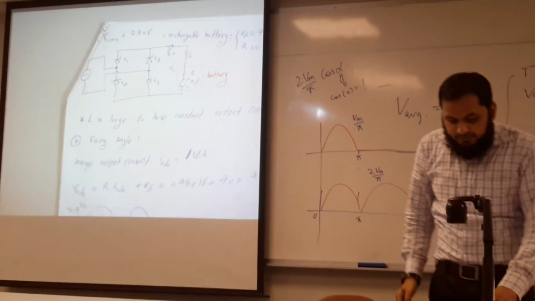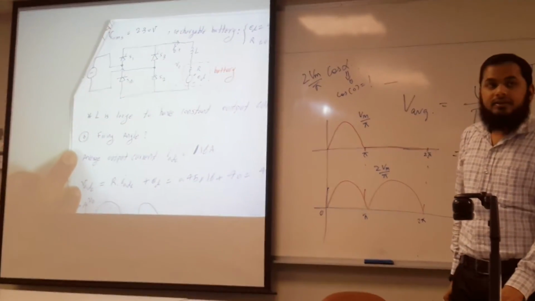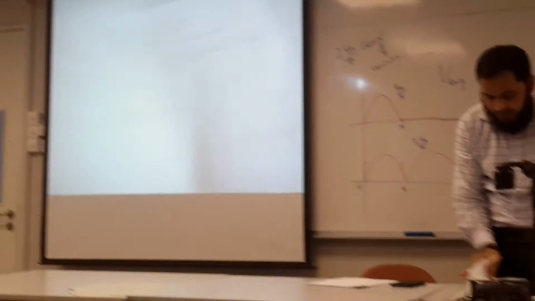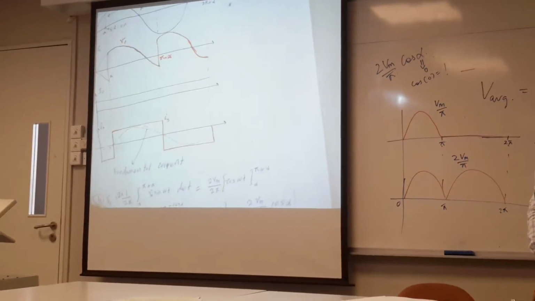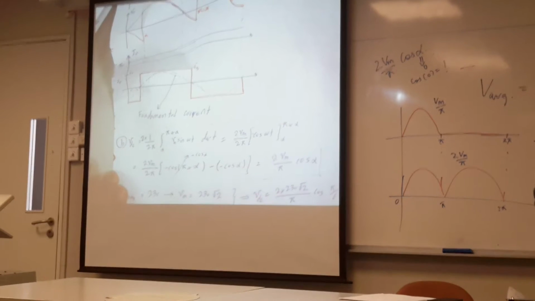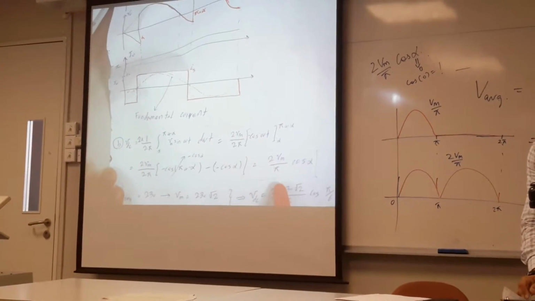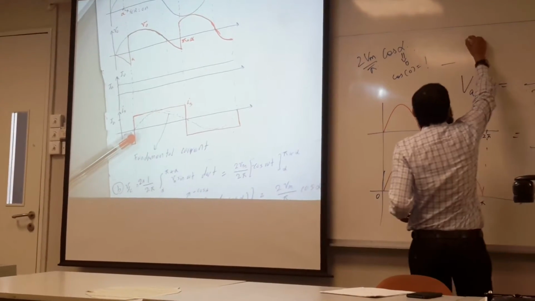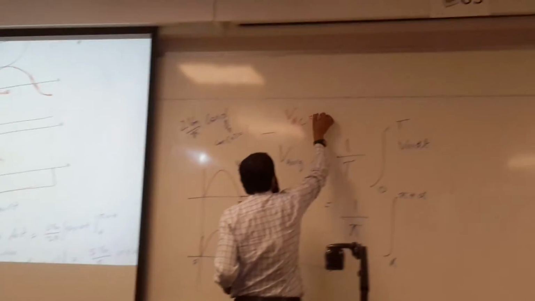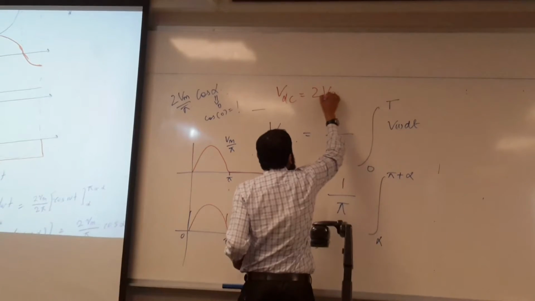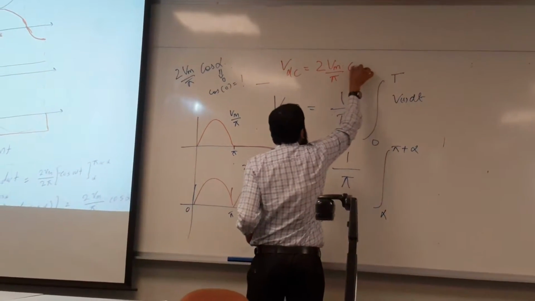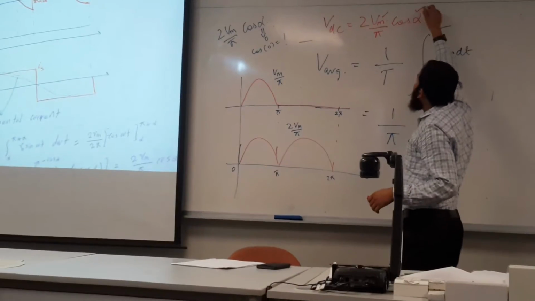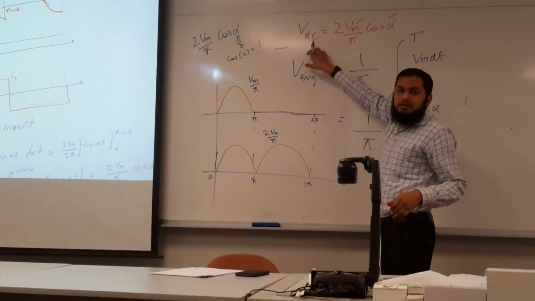So the second part is to find out the firing angle. In the last question, V_DC was 2Vm by pi cos alpha. Vm was given, alpha was given, and we found V_DC.